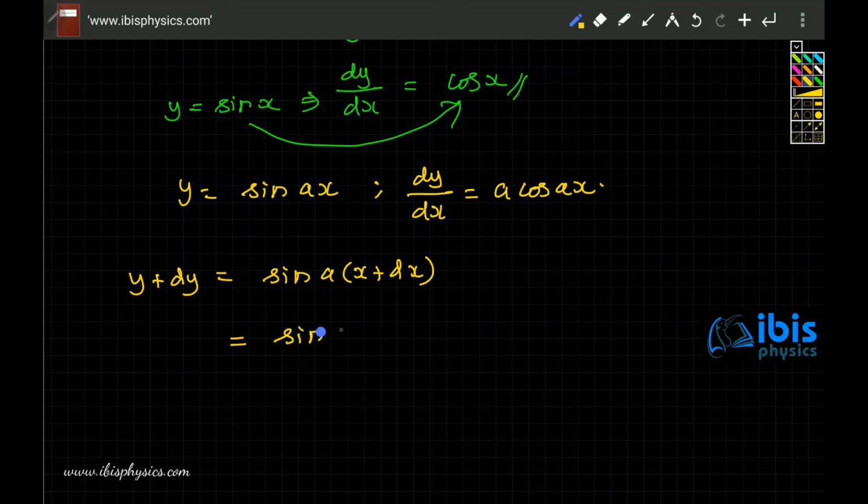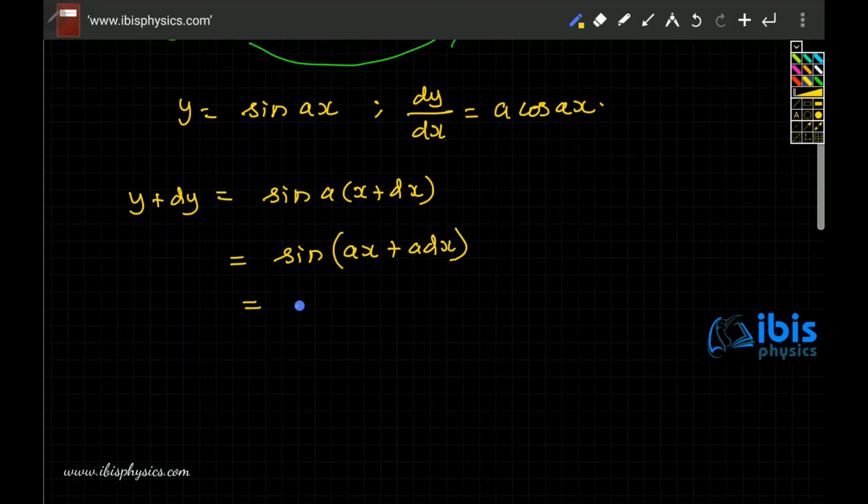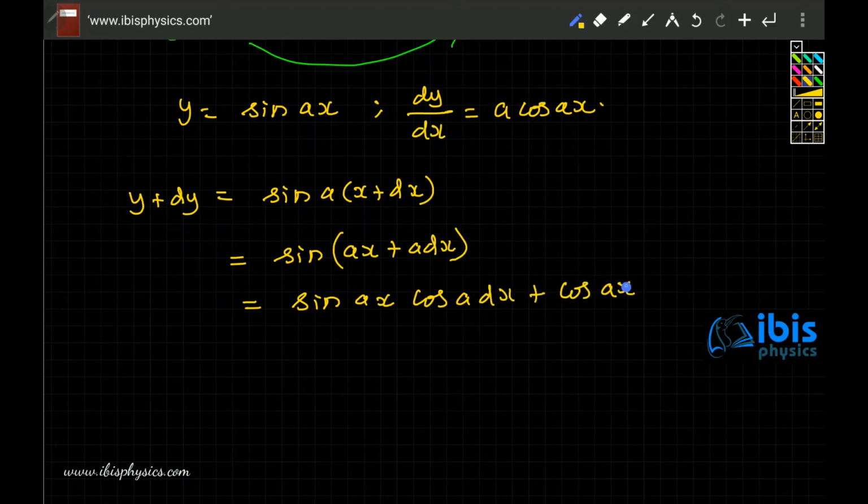So sine of ax plus a dx, sine of A plus B, is sin A cos B plus cos A sin B, so it is sin ax cos a dx plus cos ax sin a dx.